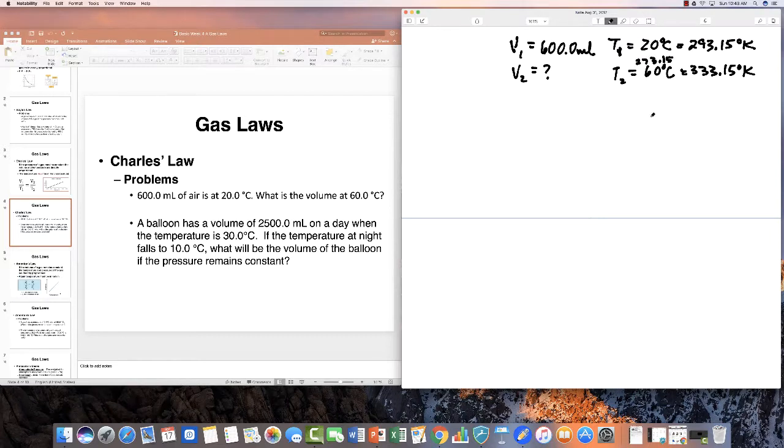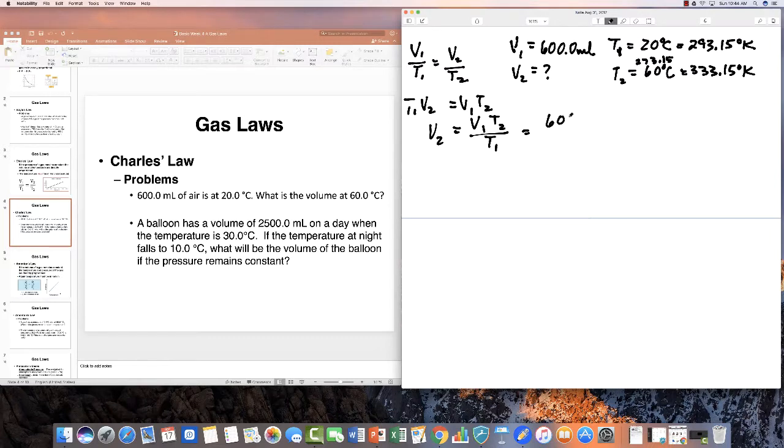Now our formula was V1 over T1 is equal to V2 over T2. We want V2, so we cross multiply: V1 times T2 is equal to T1 times V2. Solving for V2, we get V1 times T2 over T1, and then we put the numbers in.